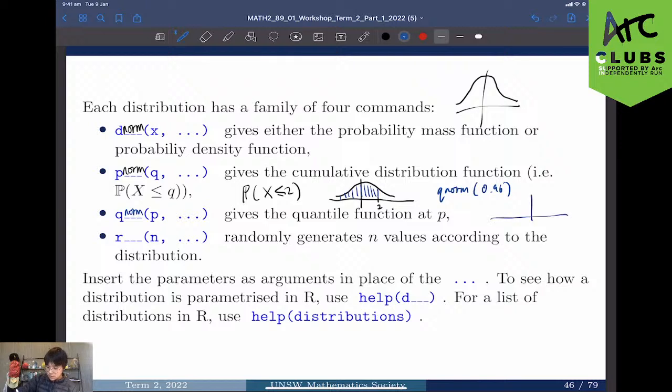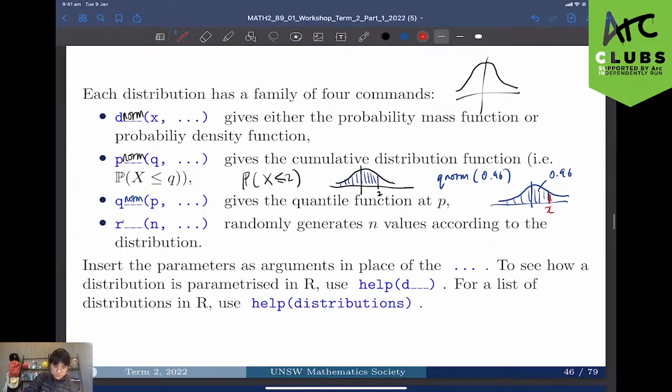So say this area here is equal to 0.96. It will return this value here, where this occurs. And rnorm is going to randomly generate n values. So if you just put in 10, it's going to randomly generate 10 values that have the normal distribution.